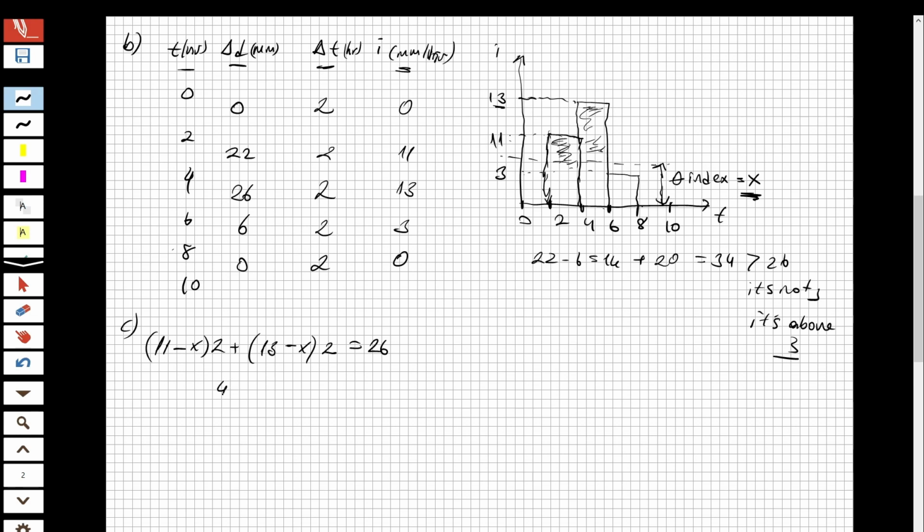So this is going to be 4x equal to 22, and due to this, x equals 5.5 millimeter. So now we determine the phi index: it is 5.5 millimeter. So now the third part is also solved.